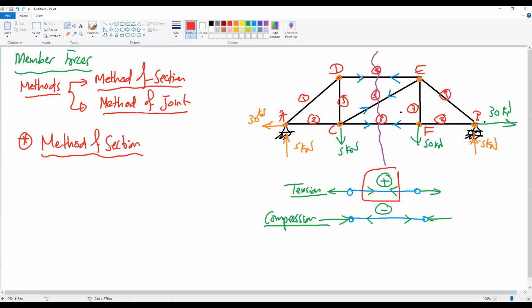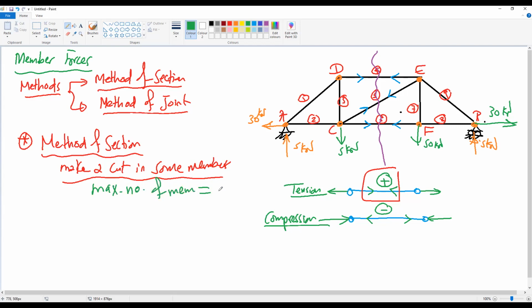Okay, so the first thing in the method of section is that we need to make a cut in some members. How many members can we cut? Can we cut 4, 5? The maximum number of members we can cut is 3. If you cut more than 3, you will not be able to find the forces.